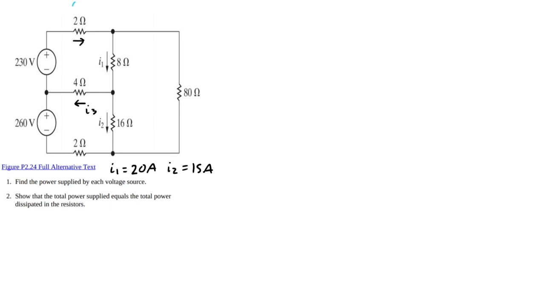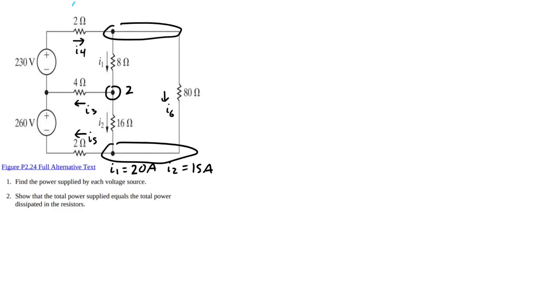And call this one I4. This one I5. And this one I6. They might end up being the other way around, but we're going to just assume that at first. So let's just say this is node 1, this is going to be node 2, and this is going to be node 3. So 1, 2, 3. All right.